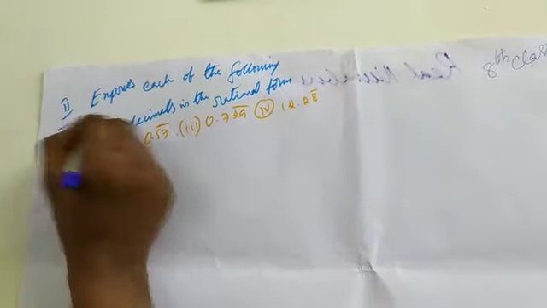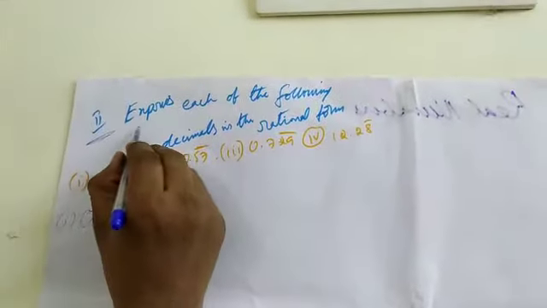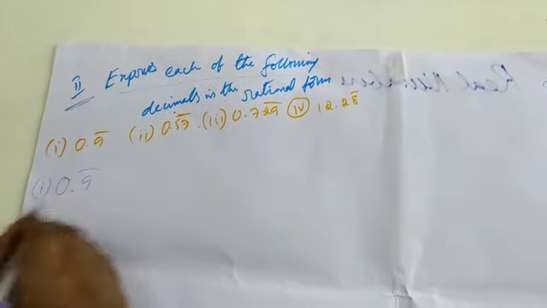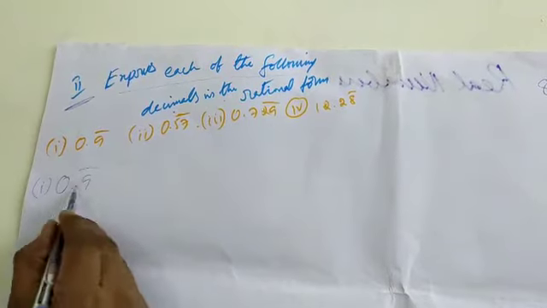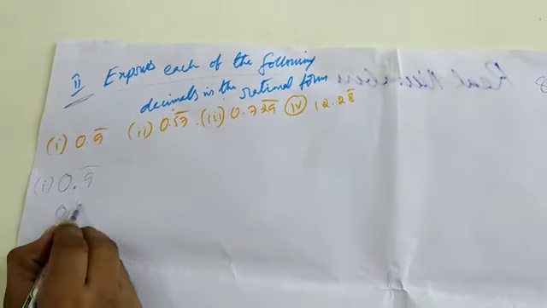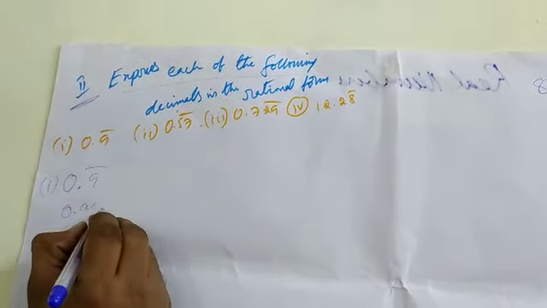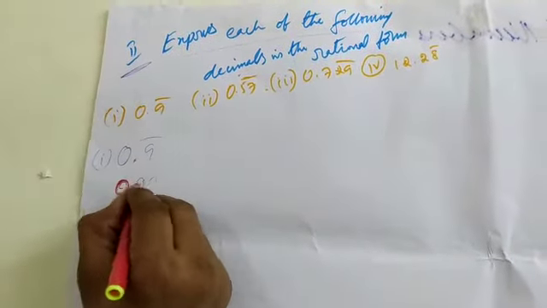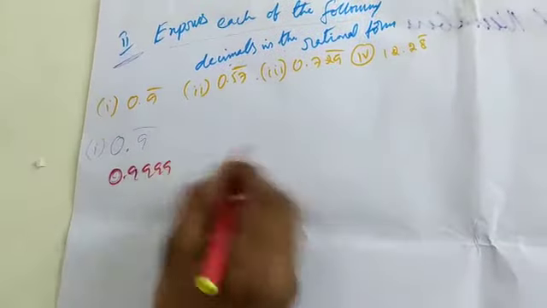See Roman 2. Express each of the following decimals as a rational number. We already discussed this. First, 0.9 bar. What is the meaning of 0.9 bar? It is 0.999 and so on, repeating many times.